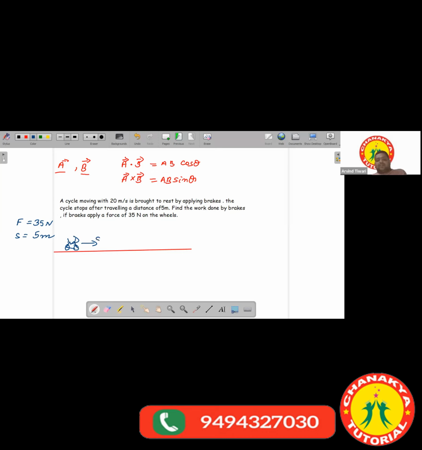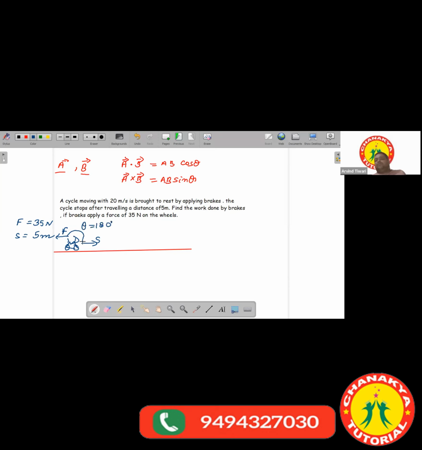The direction of displacement will be to the right, but the direction of force would act in the opposite direction. So here we have an angle between force and displacement which is 180 degrees. We have theta as 180 degrees.